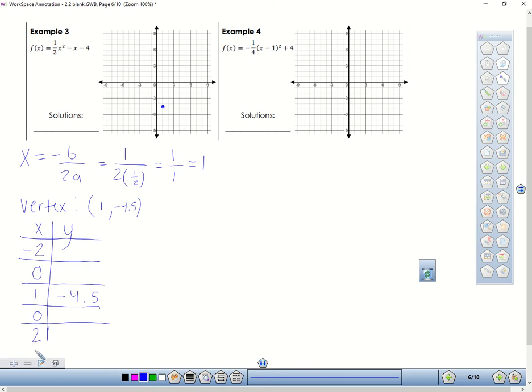So this is just a guiding point for you in your table when I tell you to pick numbers above and below. But as you get more comfortable with it, you can pick numbers you know are going to work out better. So I'm going to plug negative 2 into my function. So f of negative 2 is equal to 1/2.